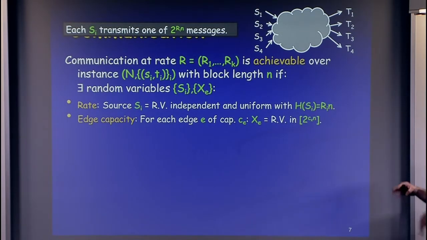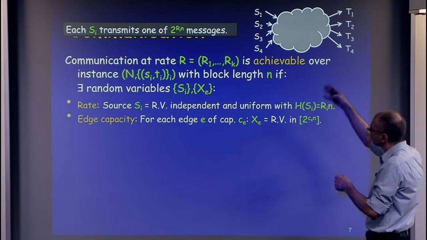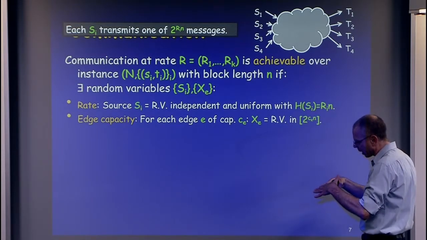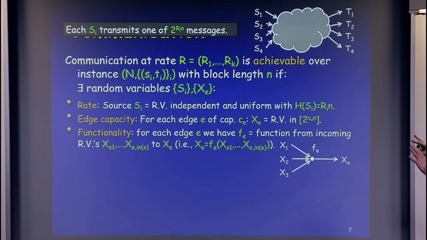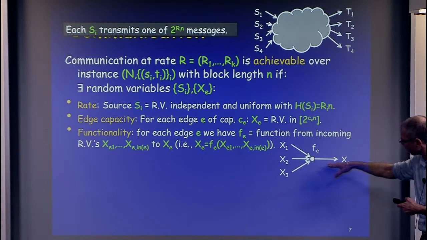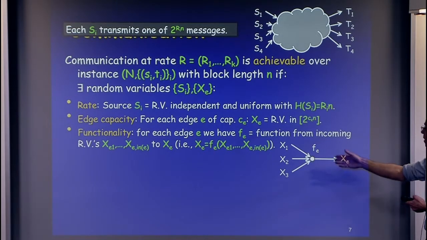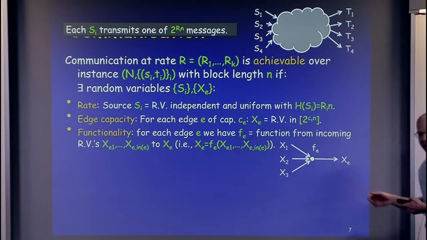So think of sources being generated uniformly, and random variables on edges are just random variables that can be expressed by the capacity of the edge. And of course, we want this assignment of random variables over the network to allow some kind of flow of information. So what we want essentially is that for every outgoing edge of a node, its random variable is a function of the incoming information. Again, very standard.